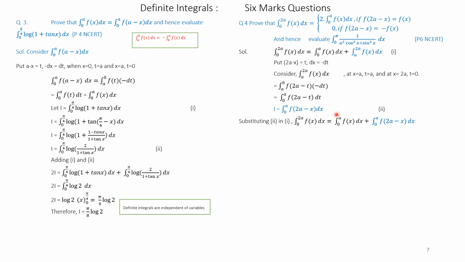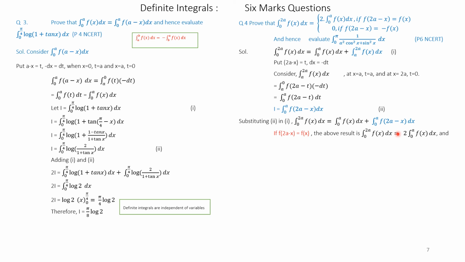Putting the values of 2 in 1, we get the left hand side integral 0 to 2a f(x) dx is equal to the right hand side, the first part as it is, plus the second part, where only the limit is changed. It becomes 0 to a of f(2a minus x). Earlier the limit was a to 2a, now it is 0 to a.